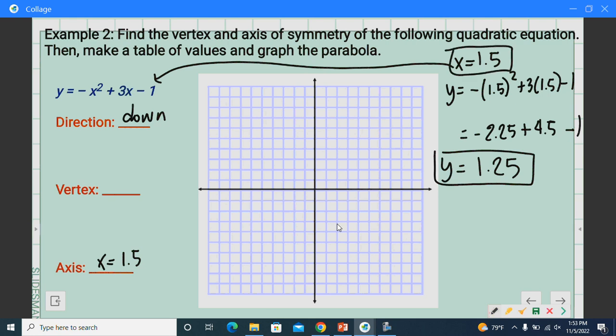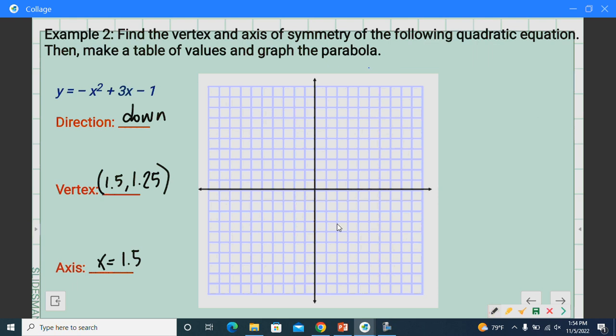So we already have the value of x. Our y, therefore our vertex now is x as 1.5 and y as 1.25. Alright, let's graph it. Let's plot it in the coordinate table. So our axis is 1.5, so that should be between here, right? So this is our axis of symmetry.